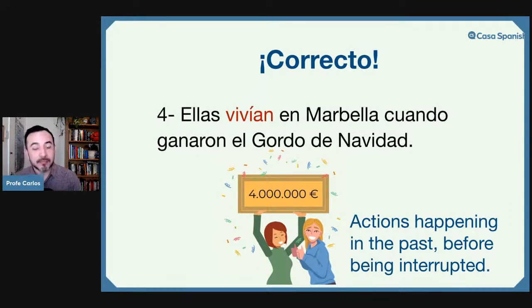This one is interesting because, sometimes when we start analyzing the sentences, or overanalyzing, we would say, okay, yeah, but they still live in Marbella. I mean, it wasn't interrupted. So you have to get the idea that it's not interrupted as the action itself, like the physical action, but it is interrupted for a moment of something new happening during that period of time. So they didn't stop living in Marbella. It's just something that happened while they were living there. So in this case is correcto. Muy bien.